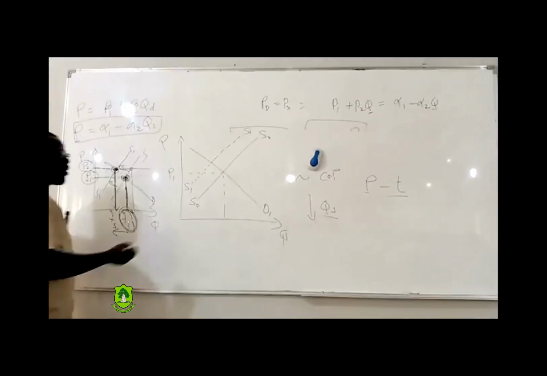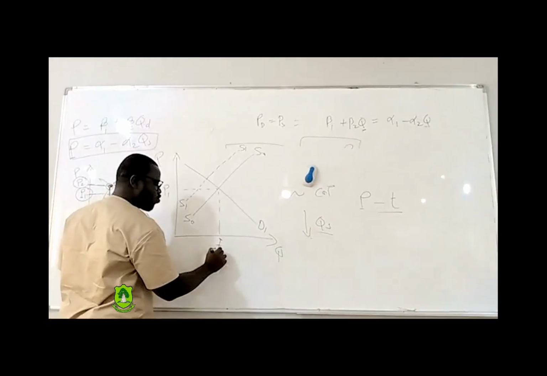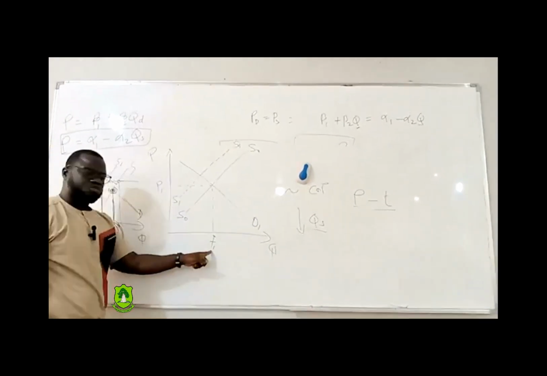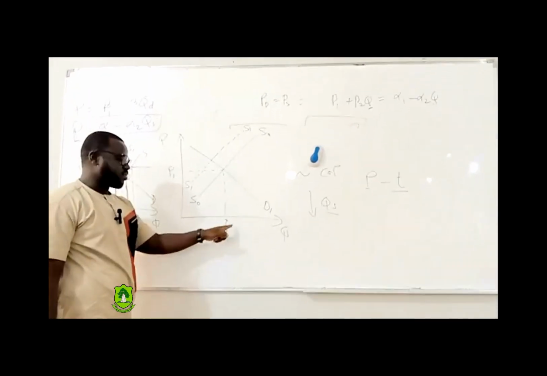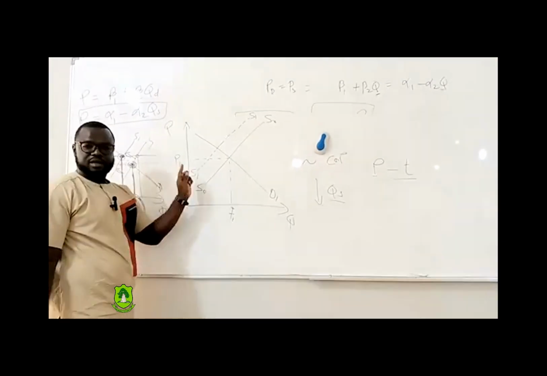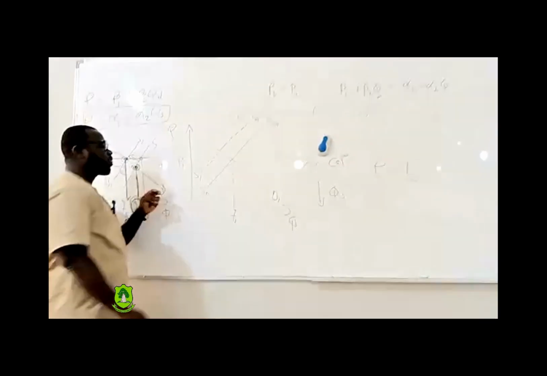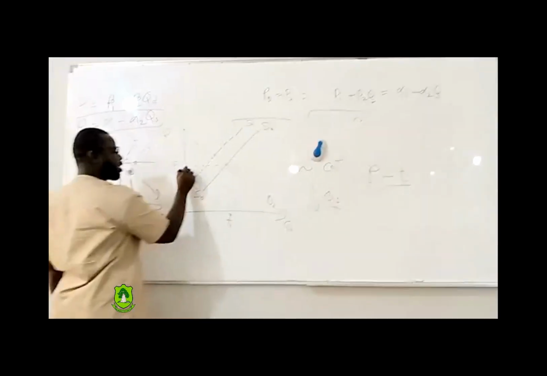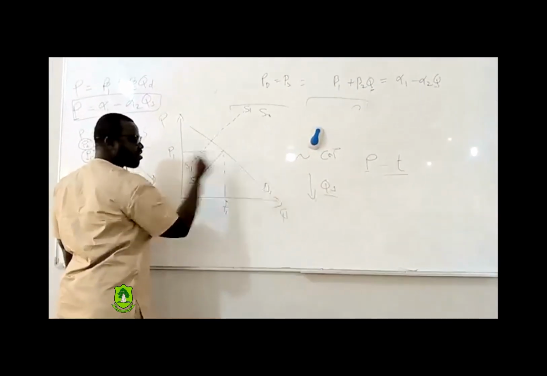Good. Now, this is Q1. Let's say Q1 is the same quantity for demand and the same quantity for supply at equilibrium. Good. Now there is an increase in price because taxes have been imposed.